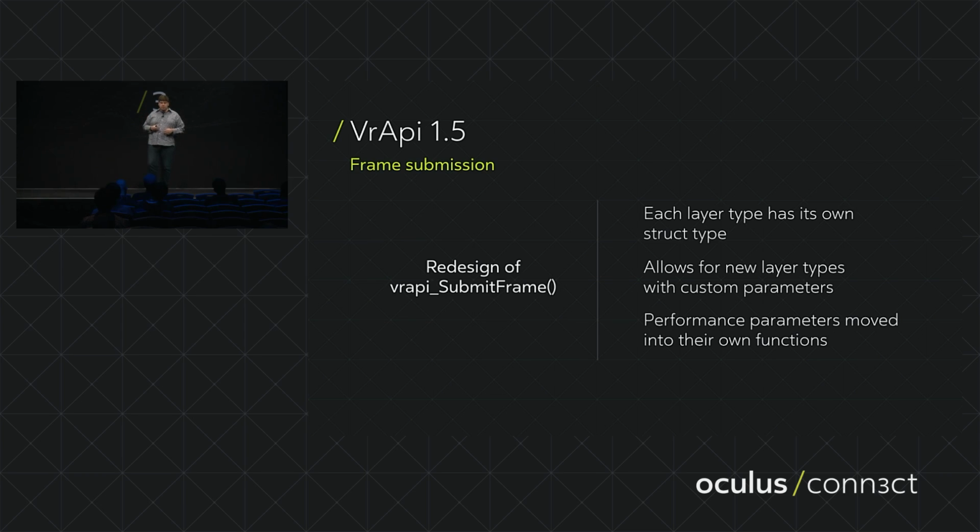And this means you get sort of polymorphic behavior from those layers, which means if we come up with a new fancy layer format, may it be some new projection, Equirect, CubeMap, or whatever, we can just add that without disrupting the rest of the API. And Cass will sort of talk about some of that stuff later, and that sort of leads into why we needed to redesign this API.